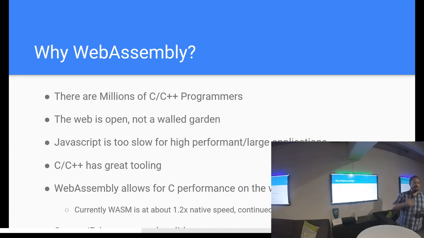So there's this huge ecosystem of C and C++ programs that are left out of the web ecosystem currently. What this does is it allows them to bring their apps into the browser and target all the browsers, because there is compatibility across the board for Edge, Safari, Firefox, as well as Chrome.